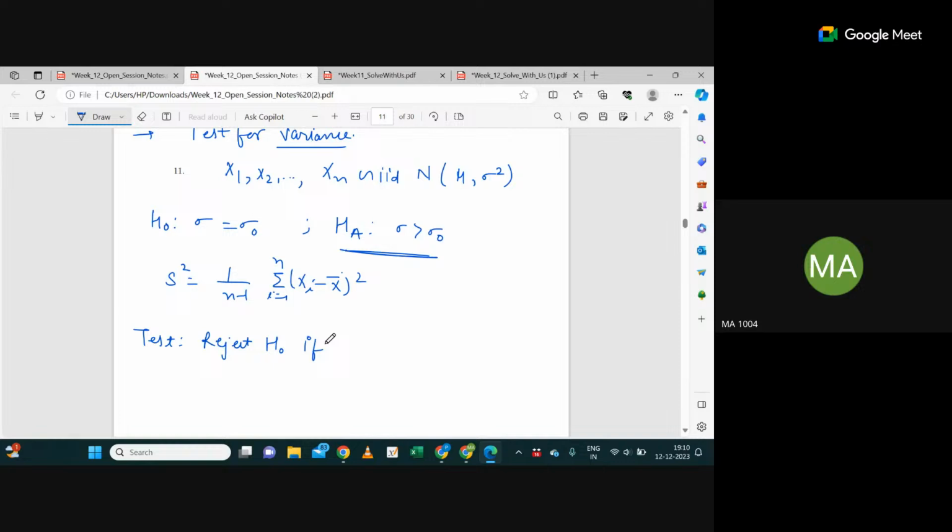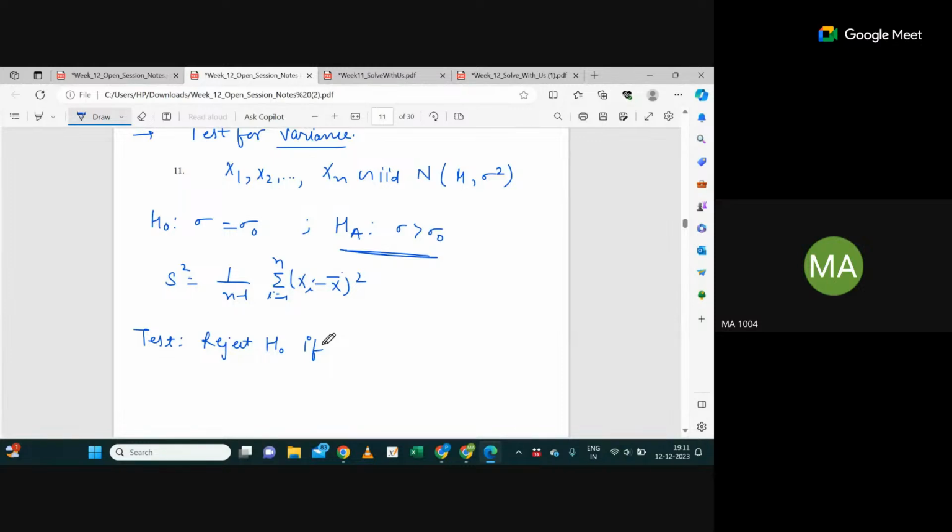If the alternative is mu greater than mu naught, how will you define your test? You will reject your H naught when x bar is greater than C. That's okay. How will you decide?